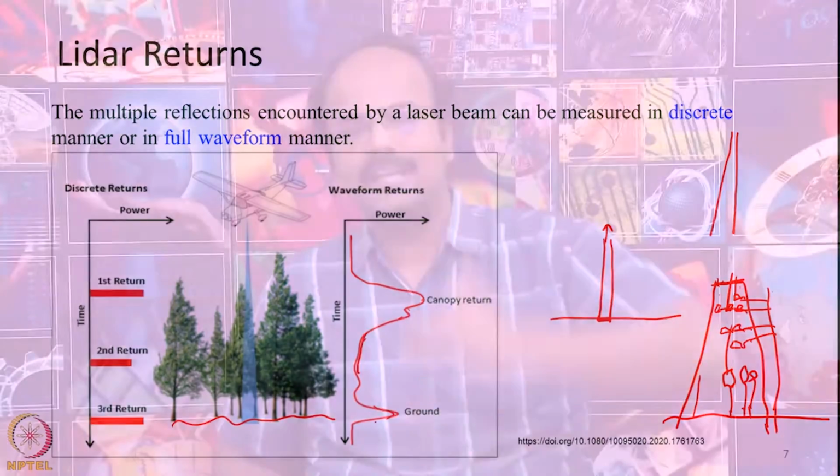So there will be multiple returns per pulse of laser light when there are many scattering elements present within the beam, arranged at different elevations. If that happens, you can imagine the laser return as a continuous signal, with many different returns going back.